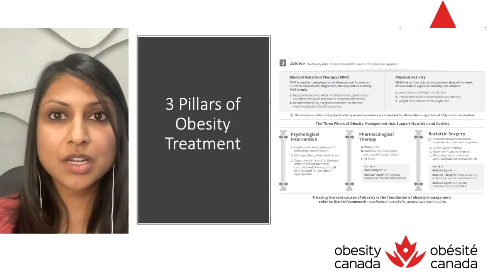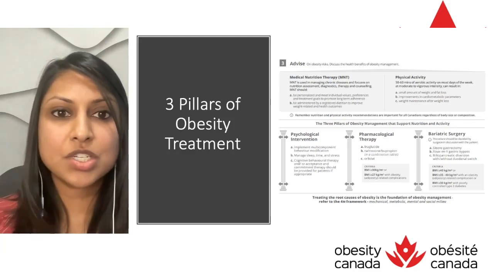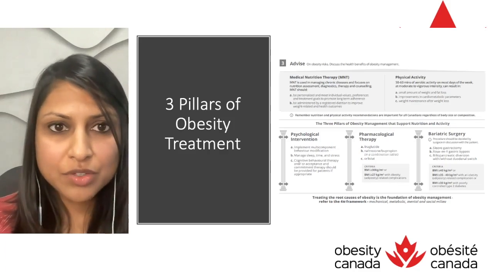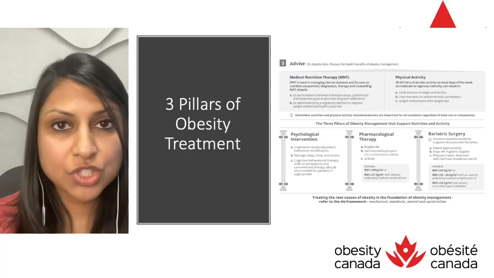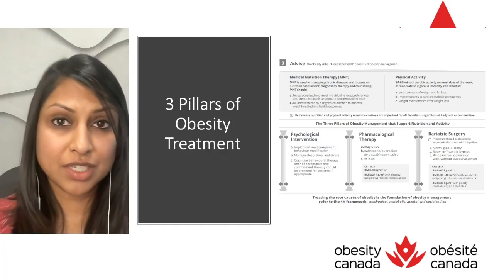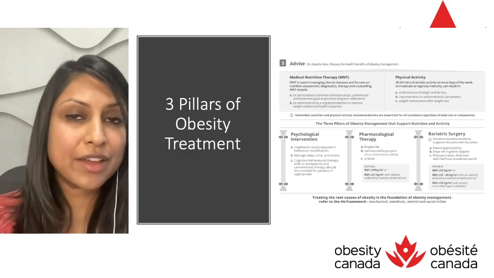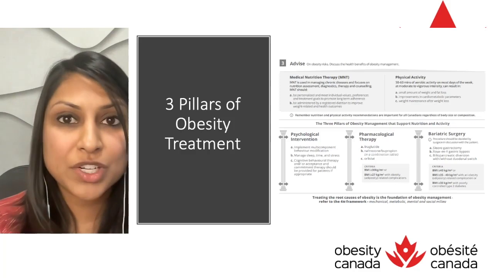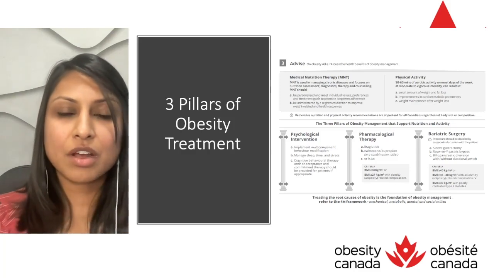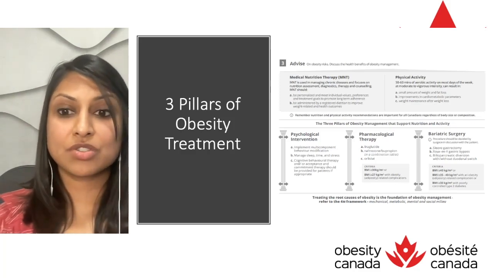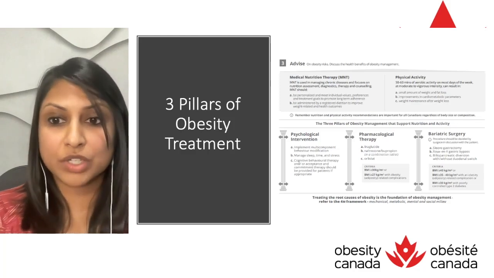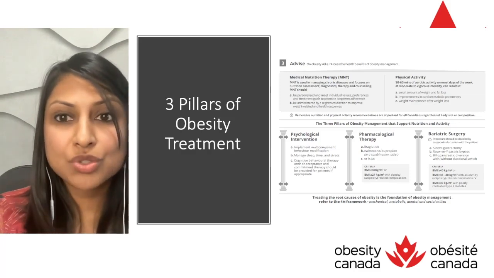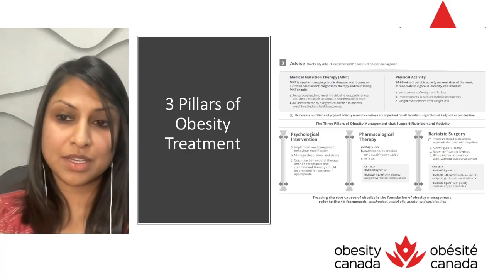We've really moved away from that pyramid to looking at this house type picture. The roof of the house, you can see, highlights nutritional therapy and physical activity. That is for every single person. It doesn't matter how old you are, what you weigh, or what your health looks like. Having a conversation on nutrition and physical exercise is important for health regardless. But we understand that these are not actual true treatments for obesity.